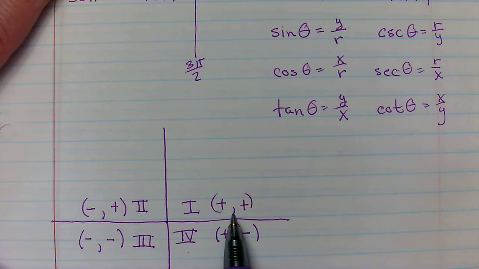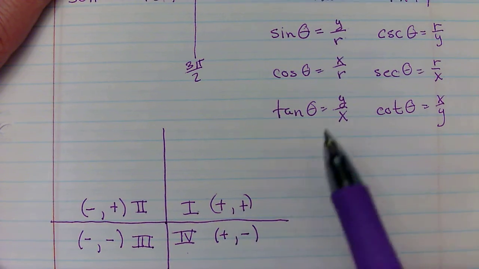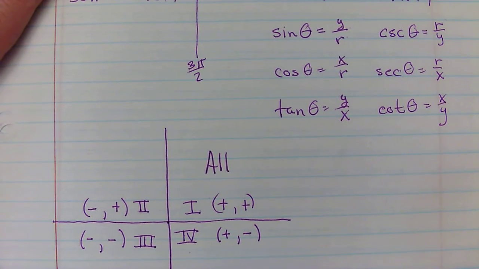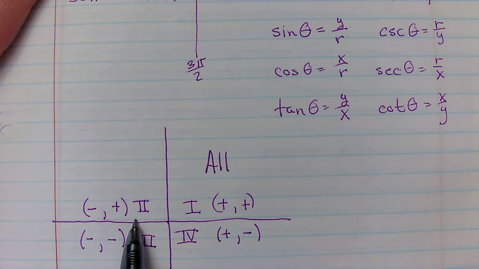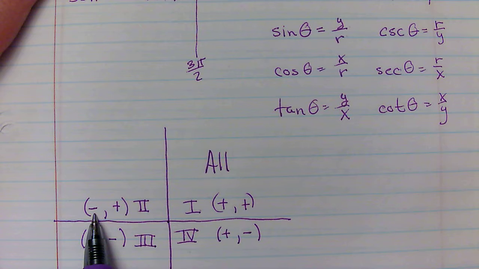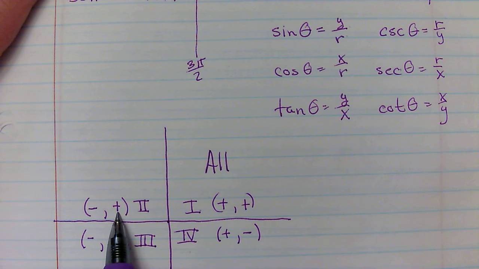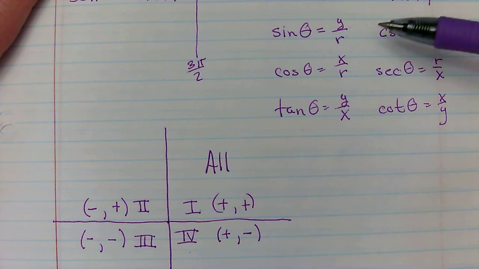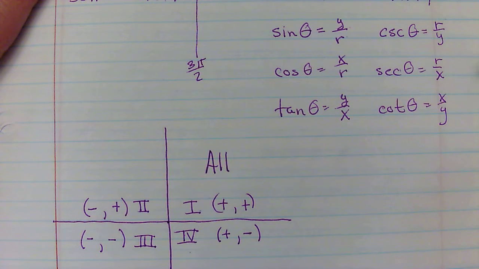So, looking in quadrant 1, x and y are both positive, r is positive, so all trig functions will be positive when their terminal ray is in the first quadrant. In the second quadrant, x is negative, y is positive. So the things that have x in them are going to be negative.